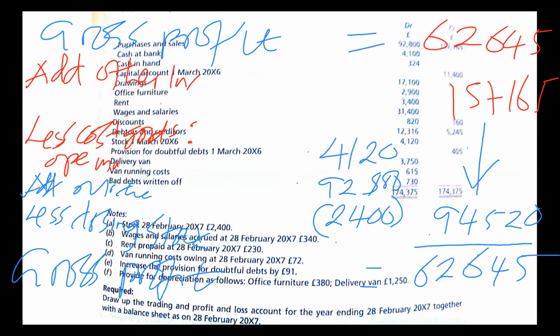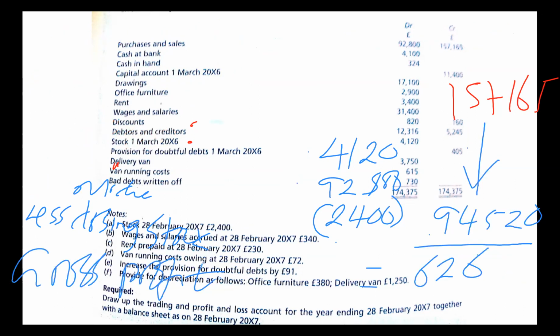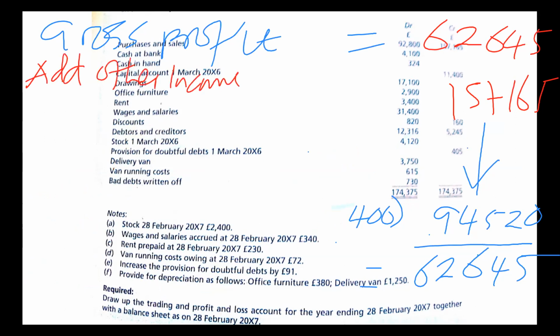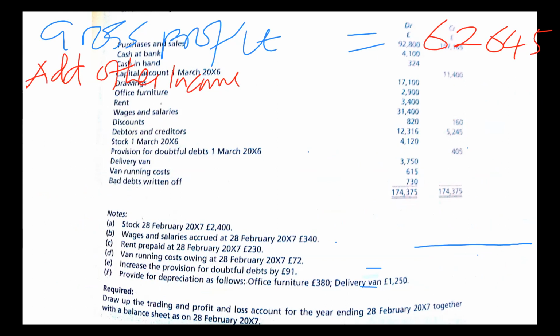Okay. Now, what forms other income? What forms other income is discount received. If you have received any discount, that forms the other income, right?